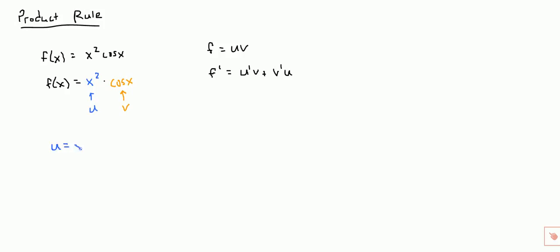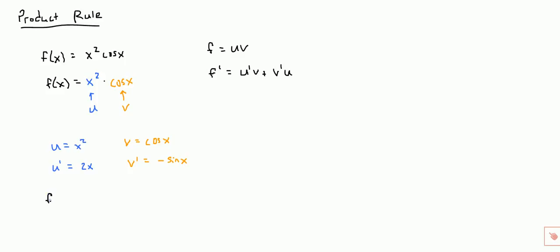U is equal to x squared. U prime is the derivative of x squared. That's 2x. And v equals cosine x. So v prime is equal to negative sine x. Okay?